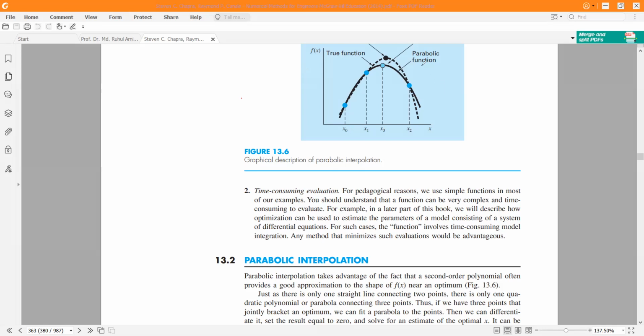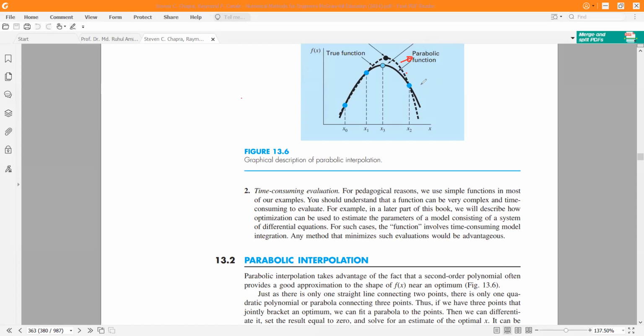So if we have a function that is the true function, shown by the solid curve, and our dotted curve is the parabolic function.